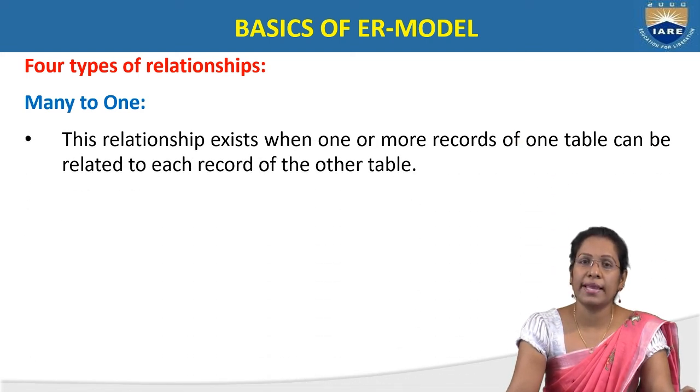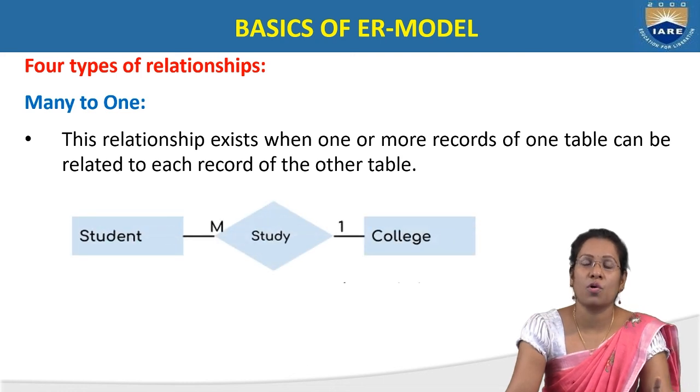This type of relationship exists when many records of one table are related to one record of another table. So here I am going with the example of the student and the college. How many students can study in a college? There is a possibility that many students can study in a single college.